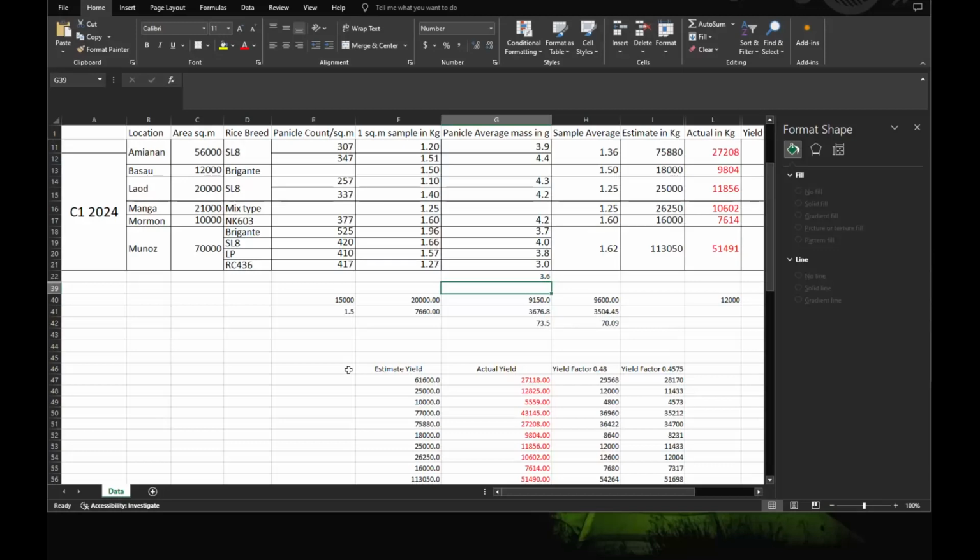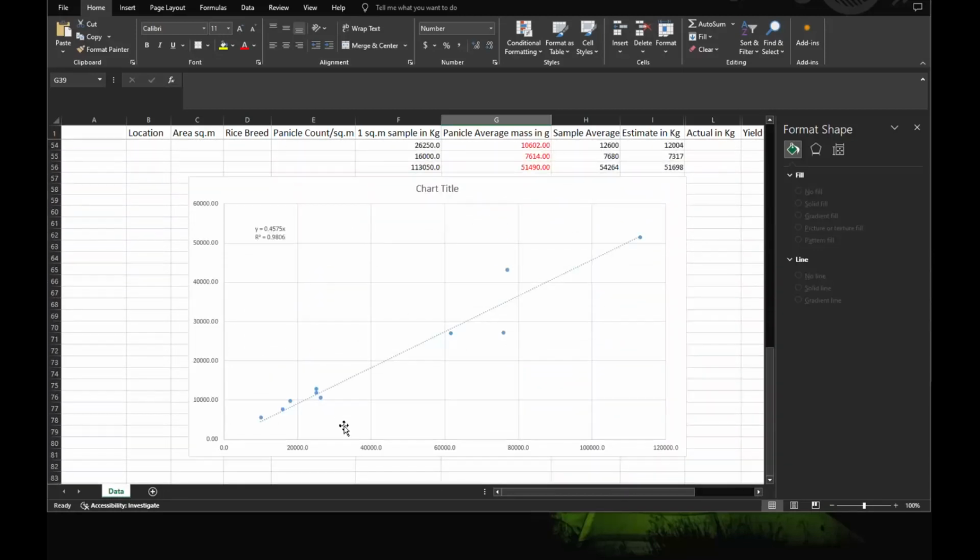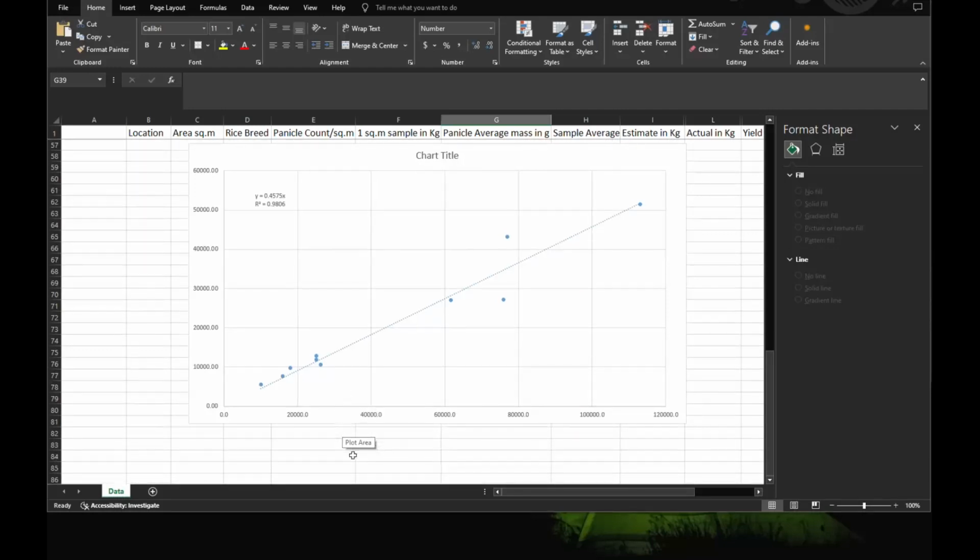It's all math. And I hope it's helpful to you, the farmers that look at this and say, yeah, I get it. It makes sense. I'm getting a sample. I calculated the estimate yield. However, I'm actually getting half of it.